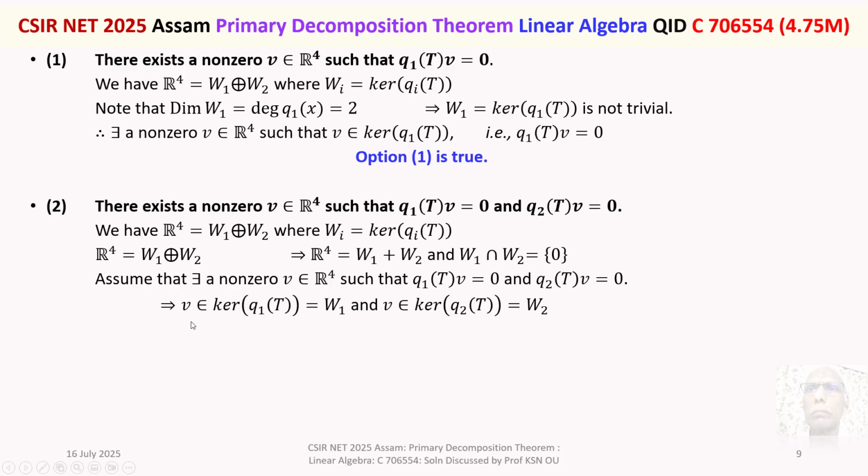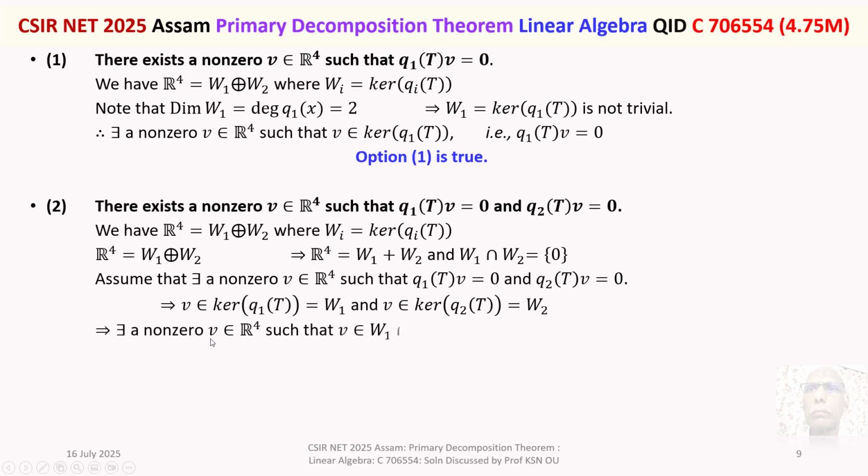That means a non-zero vector V is present in both W1 and W2, in the intersection. But we have W1 intersection W2 consists of only the zero vector alone.